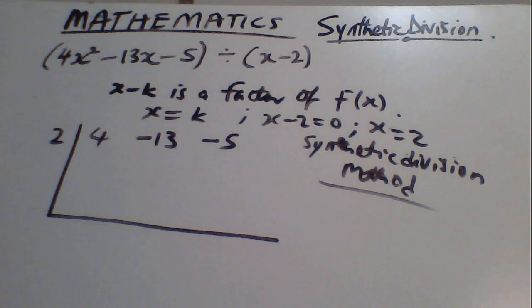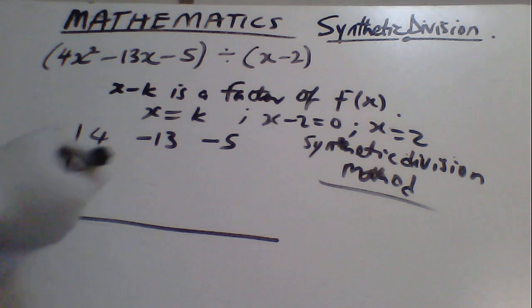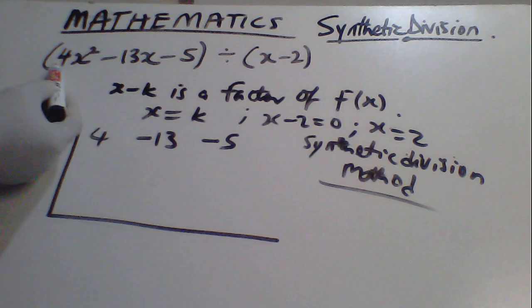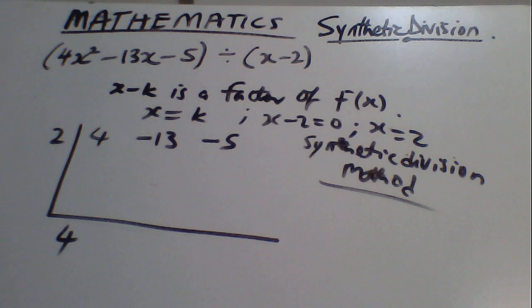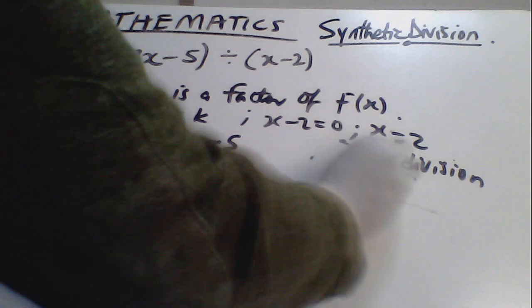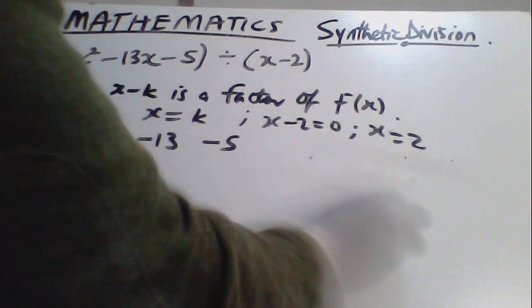Once we have done that, the next step is to bring down the leading coefficient. If you look at the leading coefficient here, which is 4, you bring it down. Then you multiply the leading coefficient by the k value.